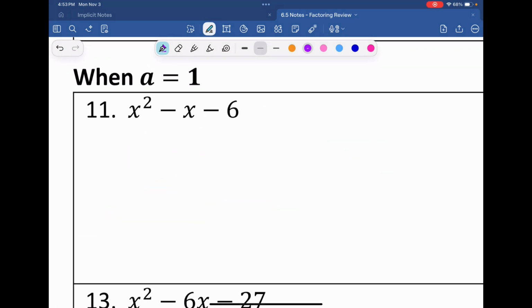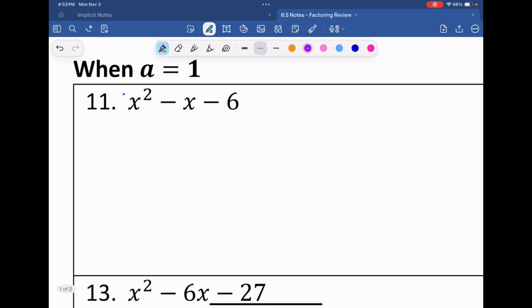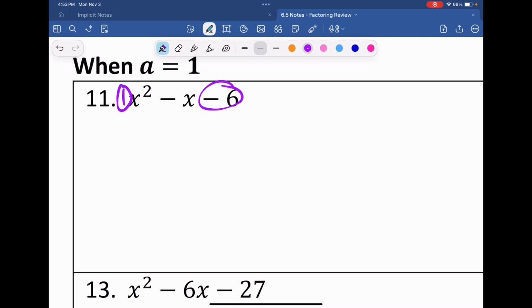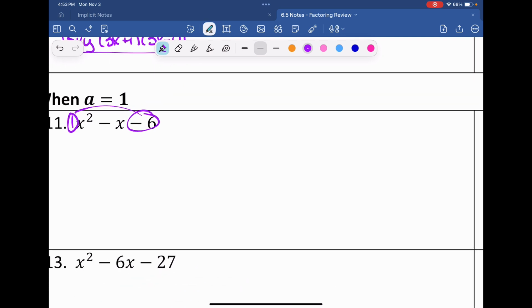When your leading coefficient is 1, check for GCF. There's not one, and you can see that the leading coefficient is 1. Multiply the 1 by the negative 6. List your factor pairs. So you're looking for a factor pair that multiplies to negative 6, that adds to negative 1.